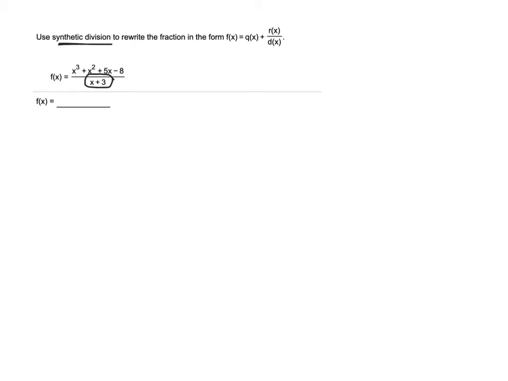Okay, let's give it a try. So for synthetic division, we're just going to use the coefficients. Okay, so we're dividing x plus 3 into x cubed plus x squared plus 5x minus 8. So what we're going to do is we're going to take the coefficients. So we have 1 for x cubed, another 1 for x squared, plus 5 and minus 8.